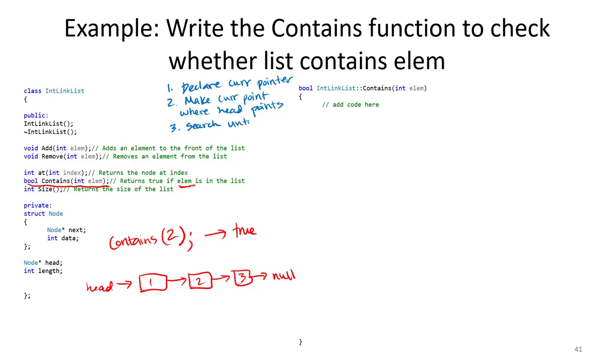We search until cur points to null or until the value is found. And basically, we just use that same if statement as before. We return true if the value is found, and if not found, advance to the next node.